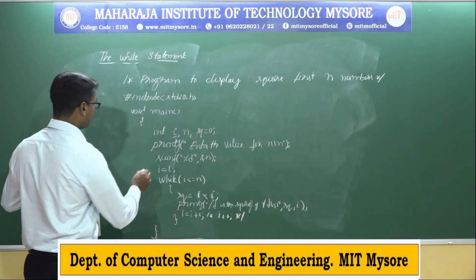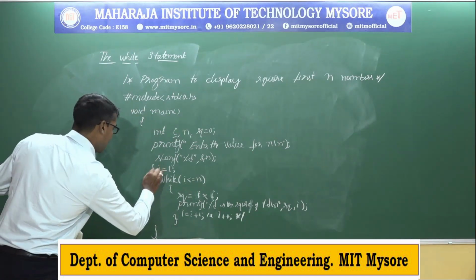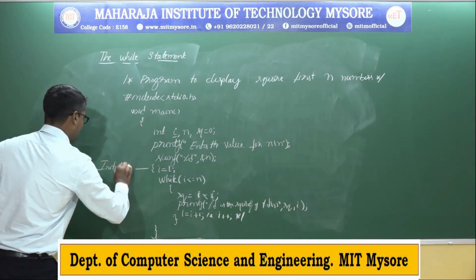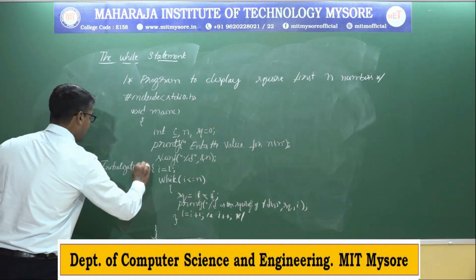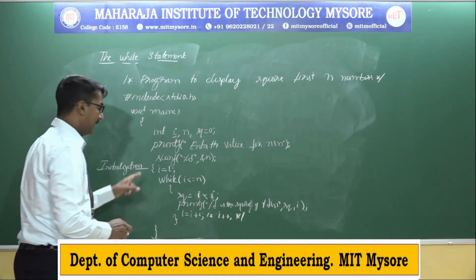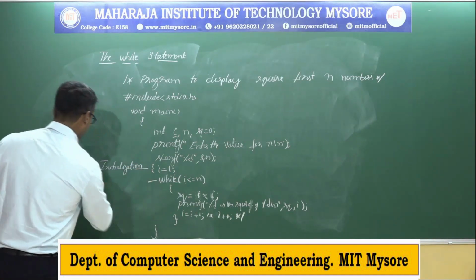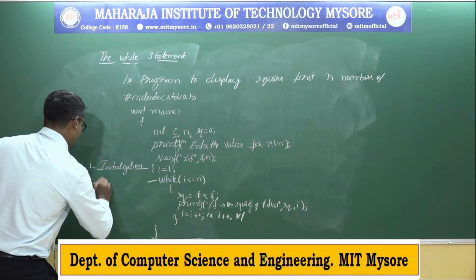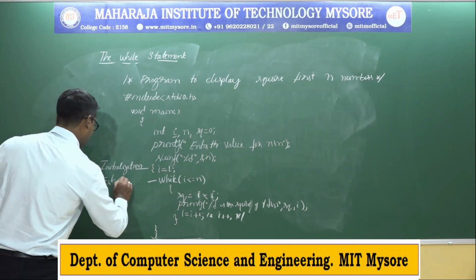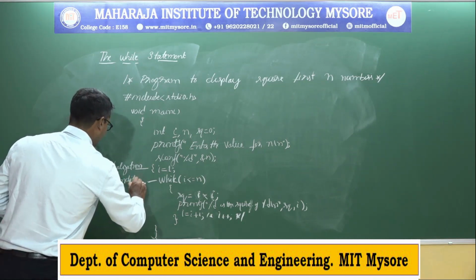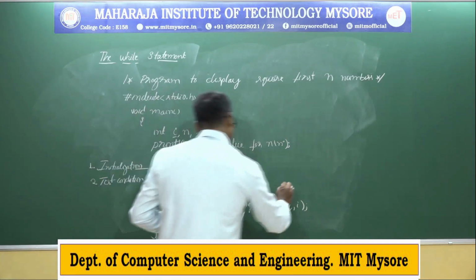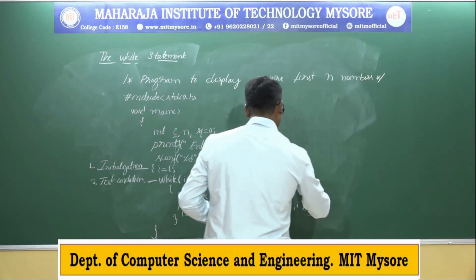Here this statement is the initialization step. This is the first one. The second one is the test condition, or test expression. The third step is the body of the loop.